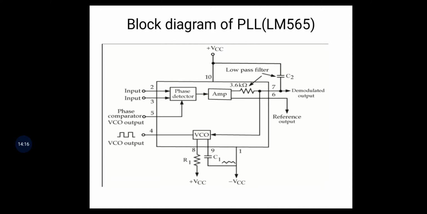The value of R1 is restricted from 2 kilo ohms to 20 kilo ohms, but the capacitor value can be any value. Pin 8 is connected to resistor R1 through the positive voltage plus VCC, and the 9th pin is connected to capacitor C1.